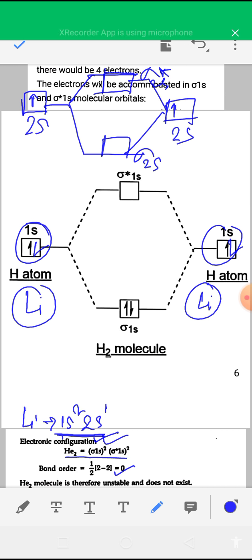So in lithium, there are a total of 6 electrons: 2 electrons in sigma 1s, 2 electrons in sigma star 1s, and 2 electrons in sigma 2s, and there is no electron in sigma star 2s.